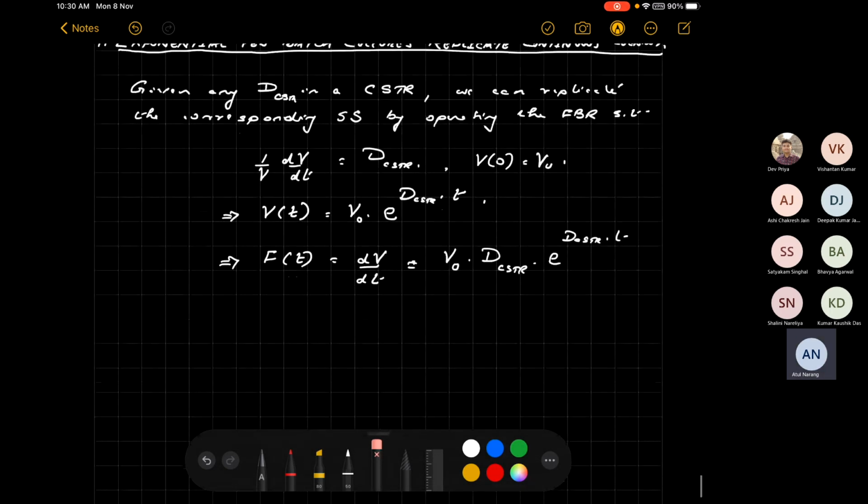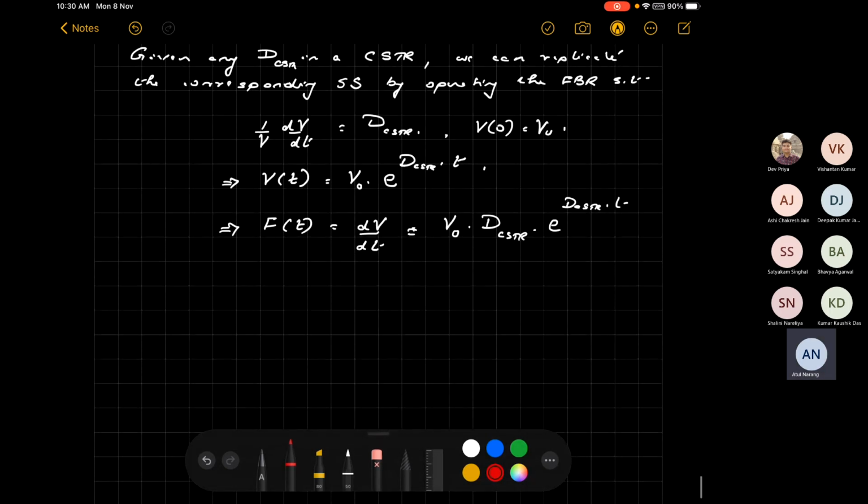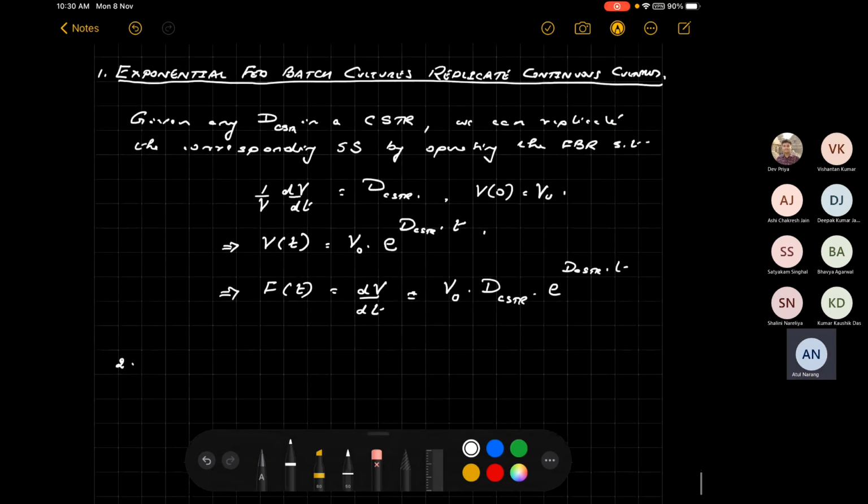Now, the second claim, which is a little bit more tricky. Okay, so let's get to the second one. The second one says that constant fed batch cultures trace the steady states.